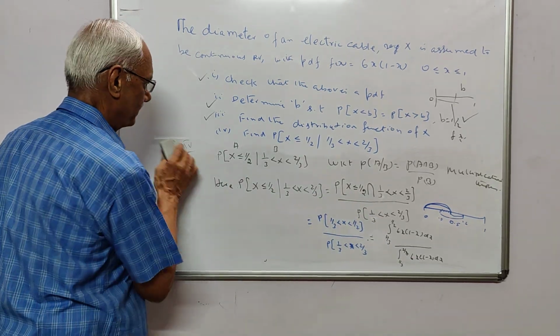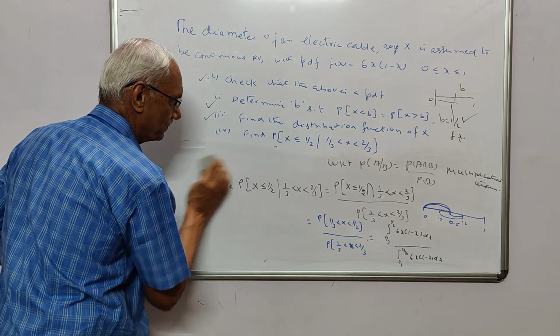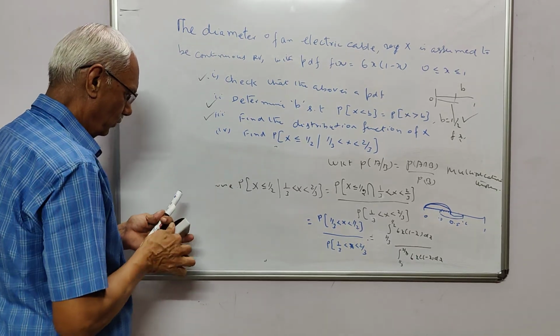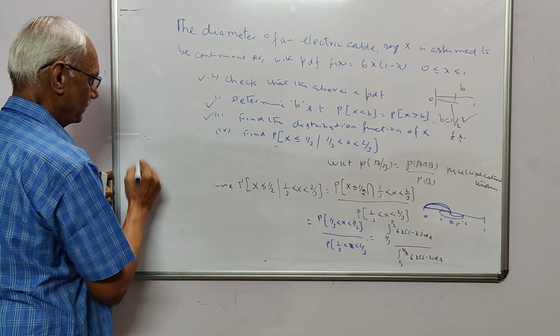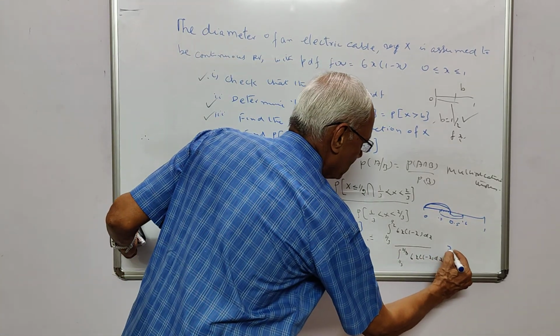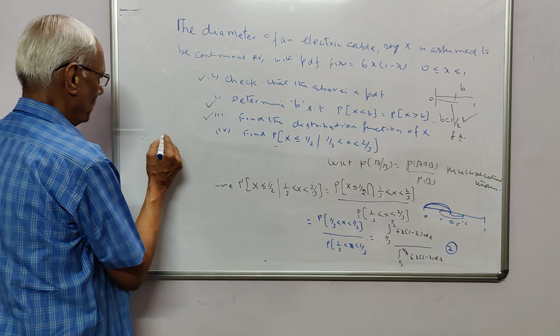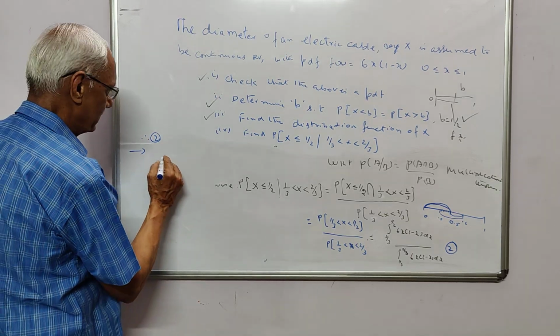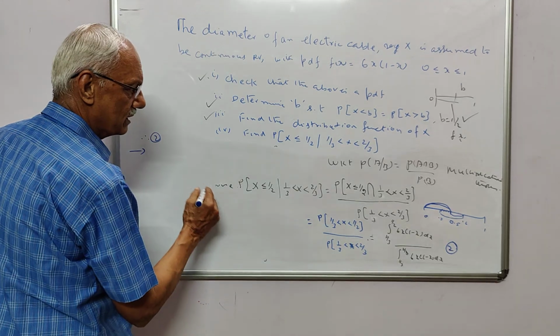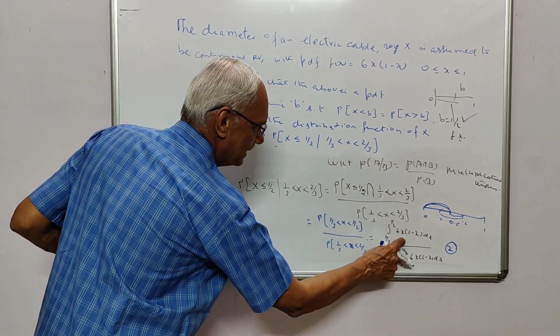Therefore, you call this as 2. Therefore, see, this 6 and 6 will go off.